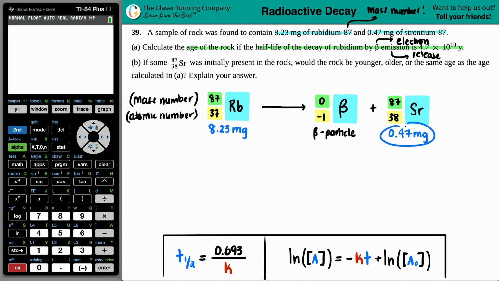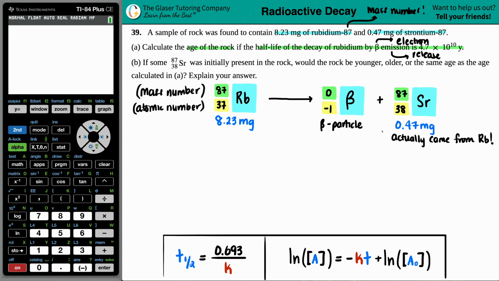So by this being really, really small, we can assume that this actually came from the Rb, and this was only produced because the Rb broke down. That's going to play an important factor here. So let's just think about that.